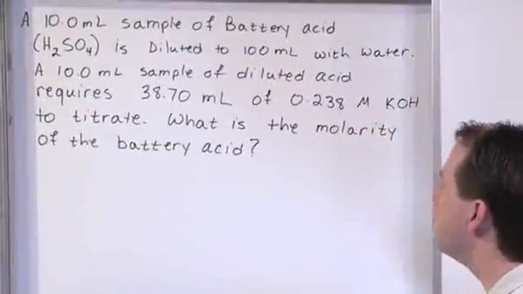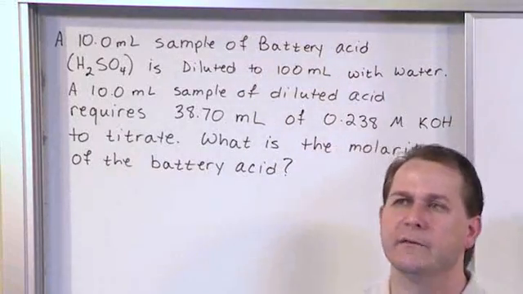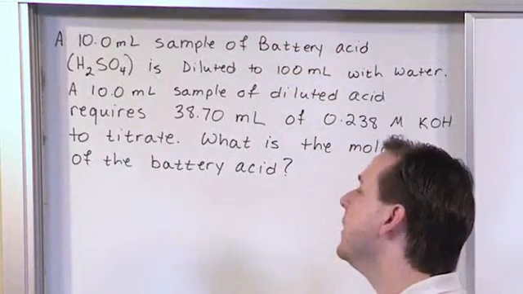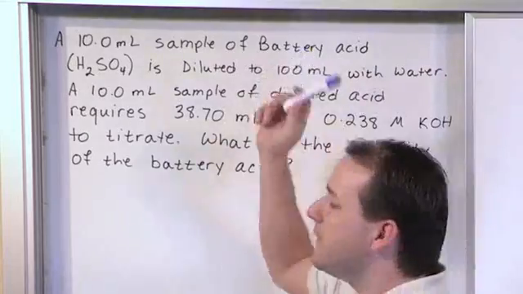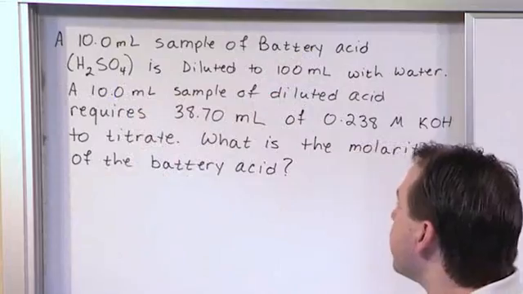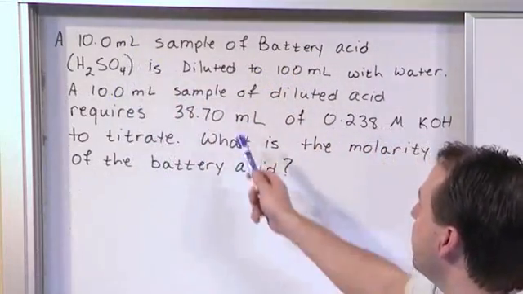So in this problem, you read it, and again, much like the last problem we talked about, it looks like something a little different than what we've done before, but in fact, the core idea is the same. We have a 10 milliliter sample of battery acid. Battery acid, just in case you don't know, is sulfuric acid, which is H2SO4. Now we take this battery acid, this 10 milliliters that we started with, and it's diluted.